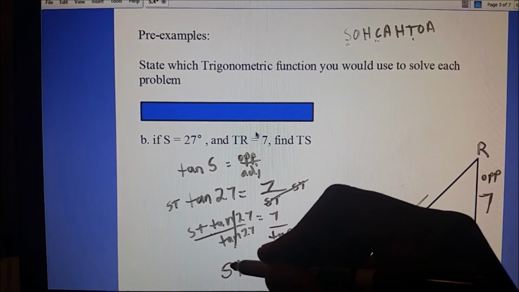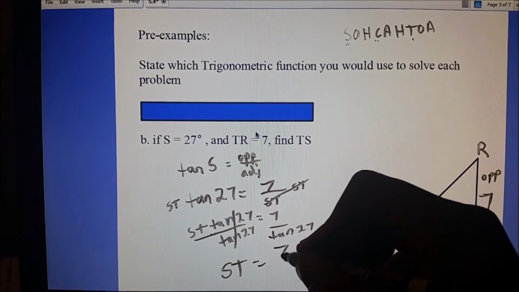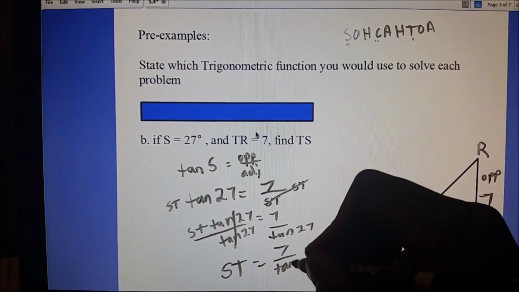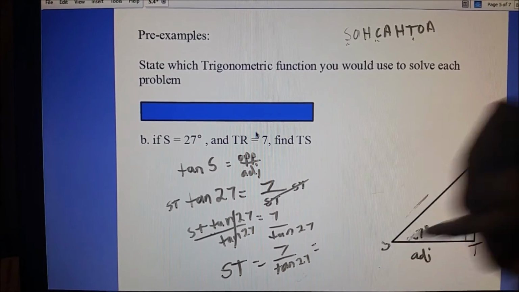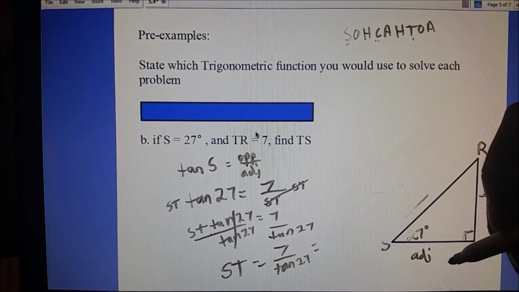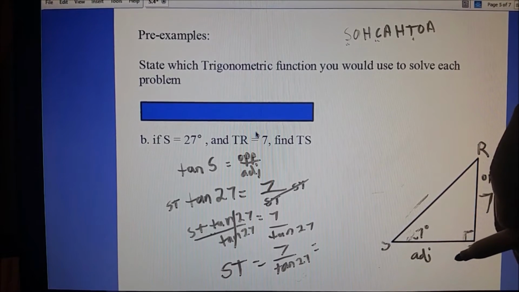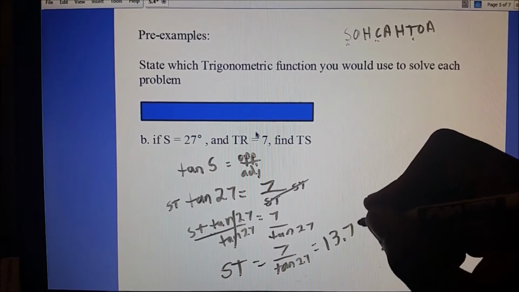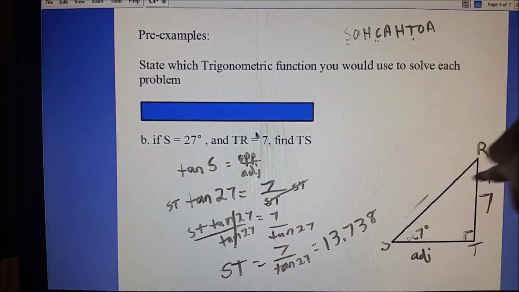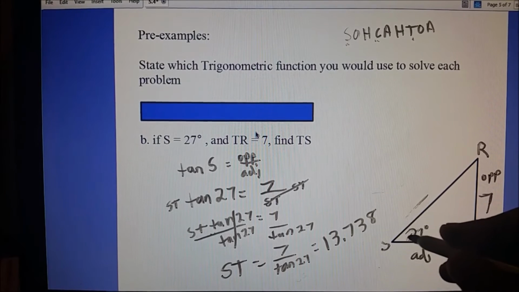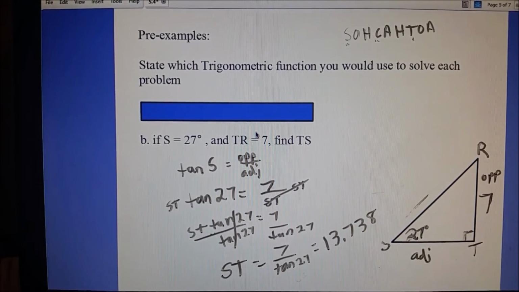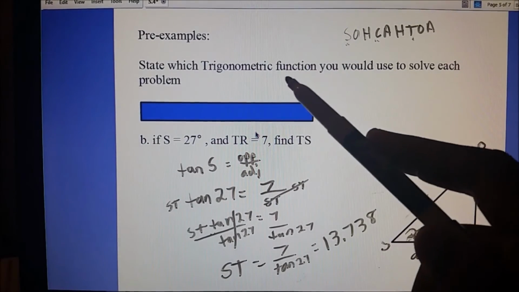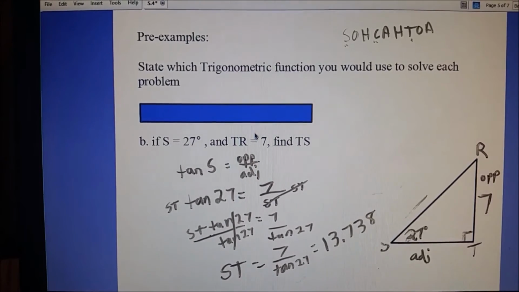So you have ST equals 7 over tangent of 27, which is approximately 13.738. Okay. Questions? Are you good? Are you comfortable? This is really not something we need to concern ourselves with right now because it's just saying state which trig ratio you would use to solve.